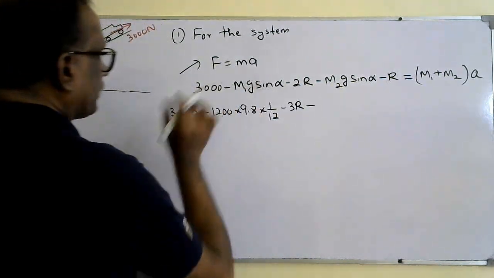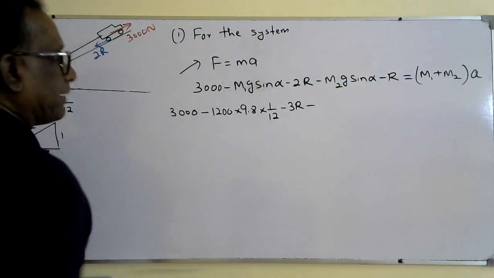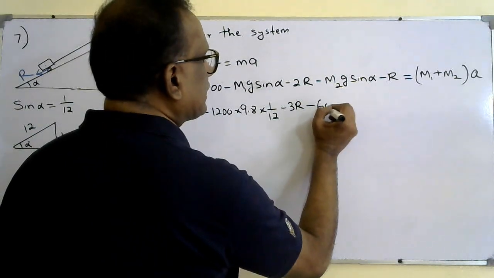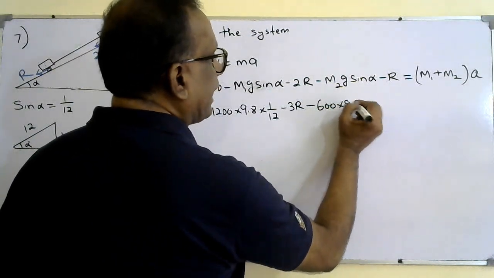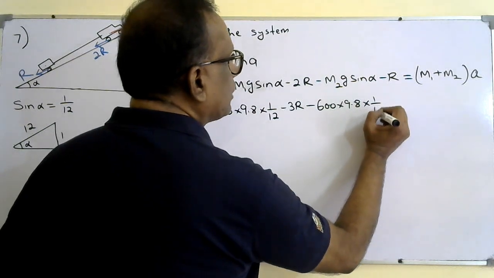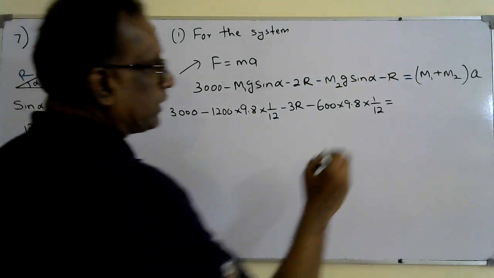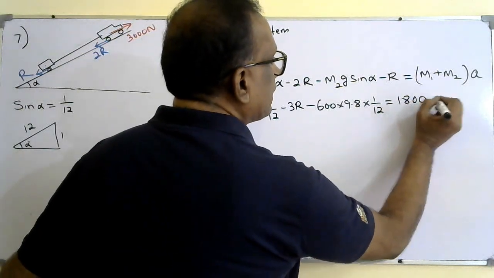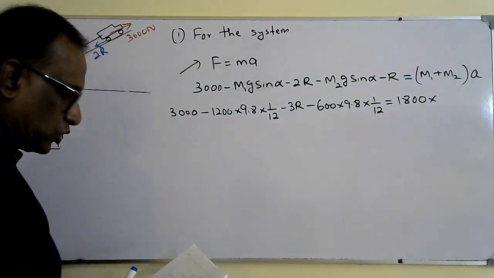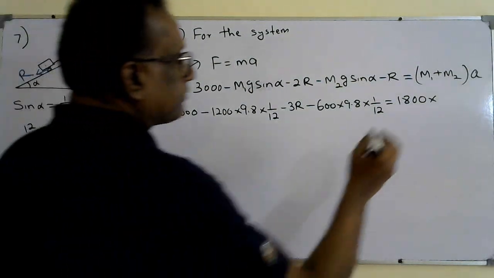I could add both together, this m1 plus m2, doesn't matter, I am doing it separately. So m2 is 600 into 9.8 into 1/12, equal to m1 plus m2, 1200 plus 600, 1800, into acceleration, which is given, 0.75.